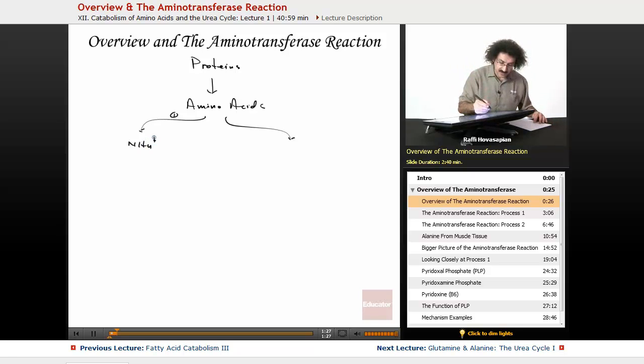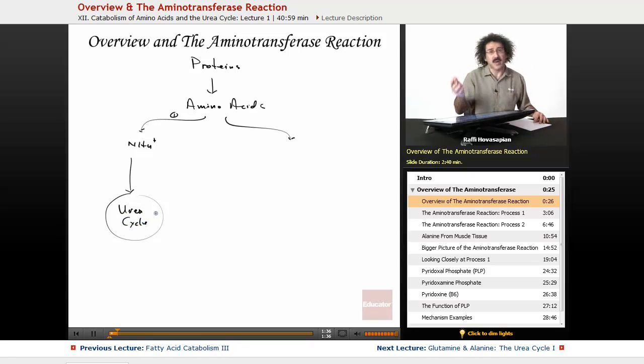The amino group is taken away, and this eventually enters the urea cycle. Some of this NH4 is used for biosynthesis. The rest of it enters the urea cycle for excretion. So let's go ahead and just put something like that. Urea there. So that is the urea cycle.